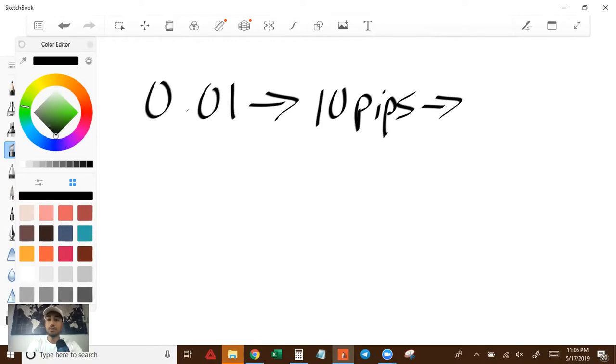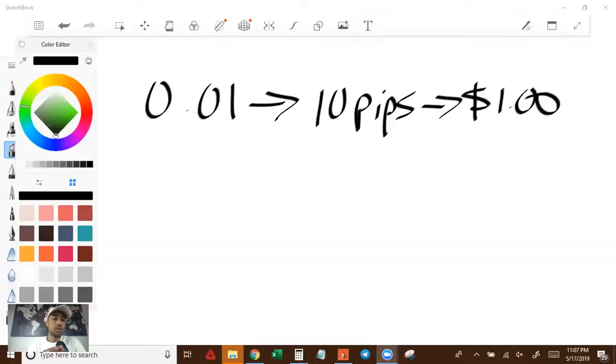$1, okay? That moves $1, okay? All right, so yeah, 0.01, 10 pips is $1, okay? Now it's moving $1, plus or minus, all right?